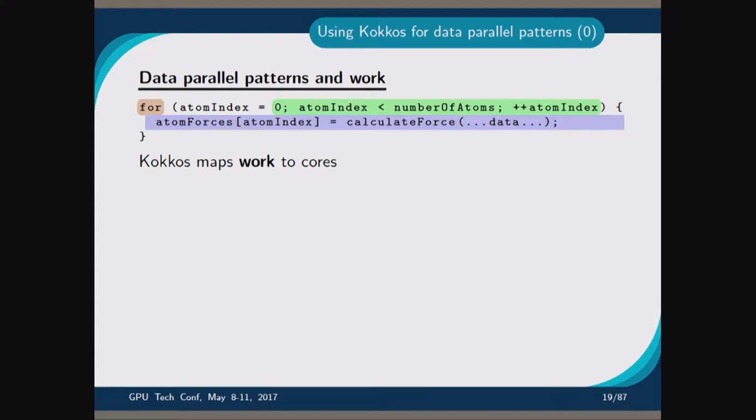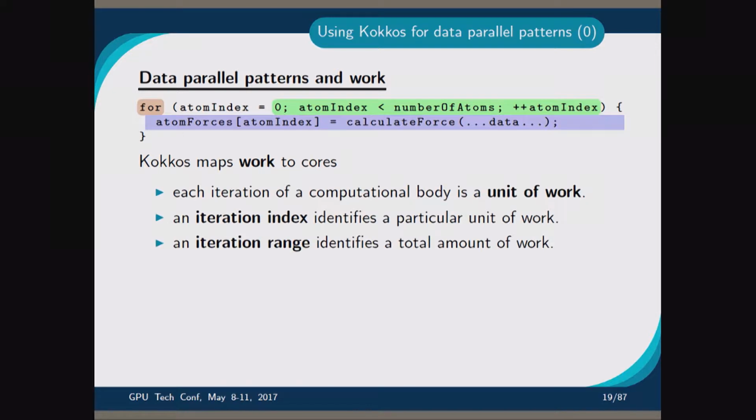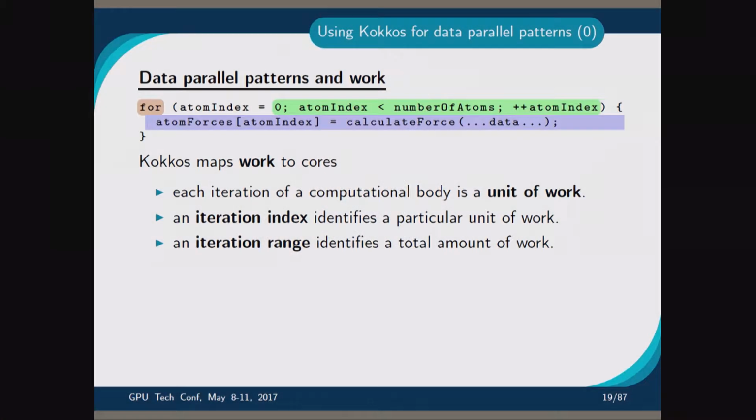Okay. So how is Kokkos going to do this when you have these patterns? We consider the computational body to be the work. That's the actual work that's going to happen. Everything else is just driving the work, but the actual computations, the mathematics, go inside the loop body. So each iteration is a unit of work.